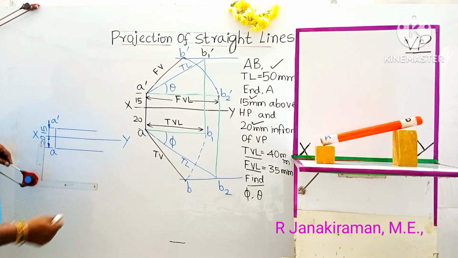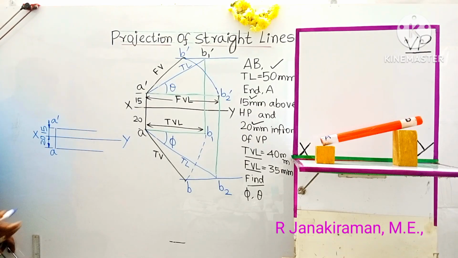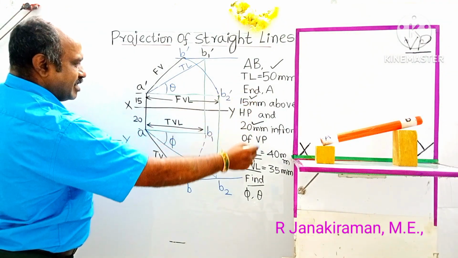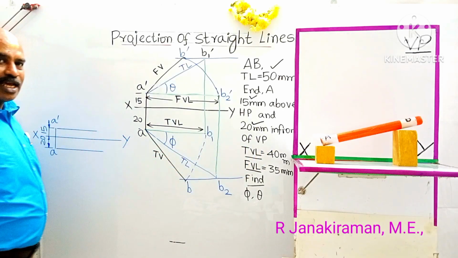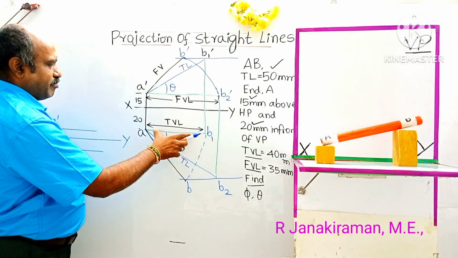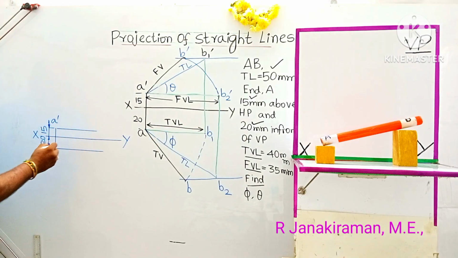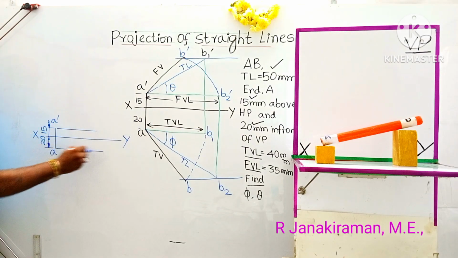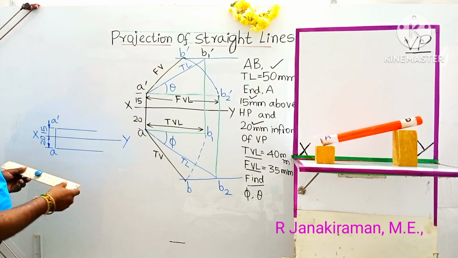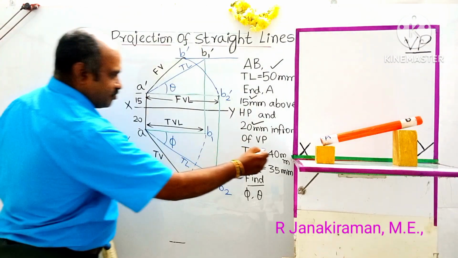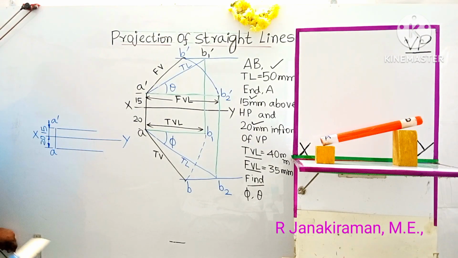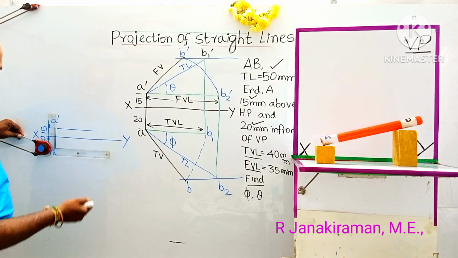Understand? So next, what is given in the question? Further, you read what is given. 15 and 20 are located. True length we will consider later. Top view length is 40 mm. So where is the top view length? A B1 is the top view length, on this horizontal passing through point A. 40 mm means 4 centimeter.